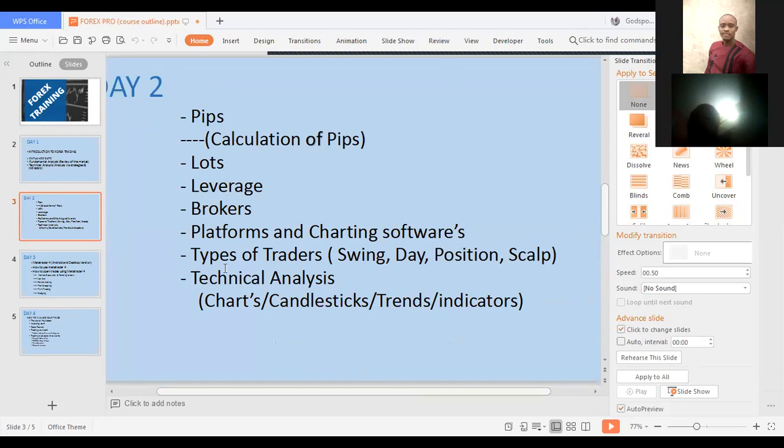Now, class, what is a pip? That's the question. The first question now is, what is a pip?